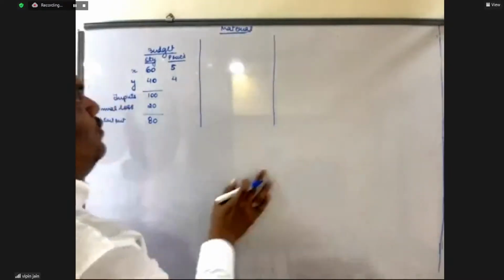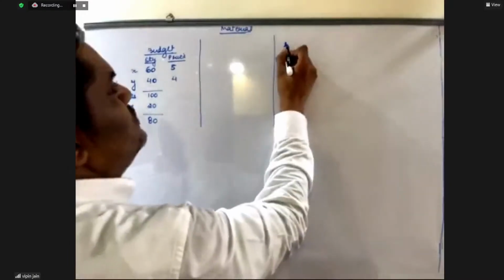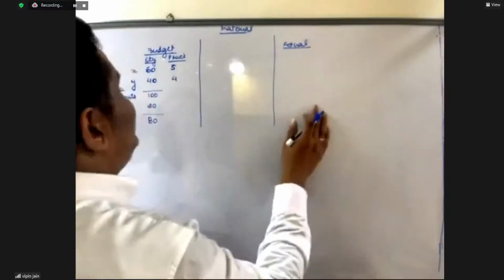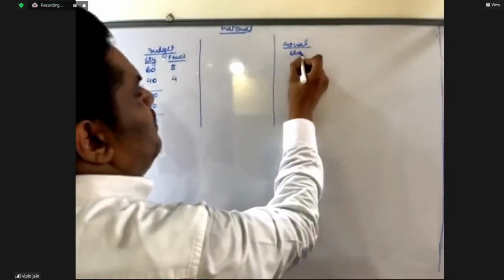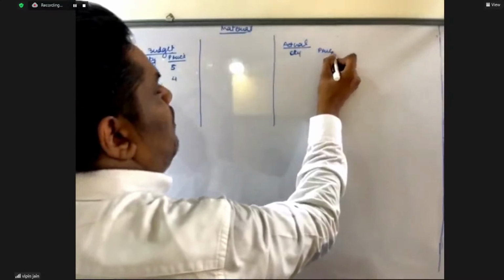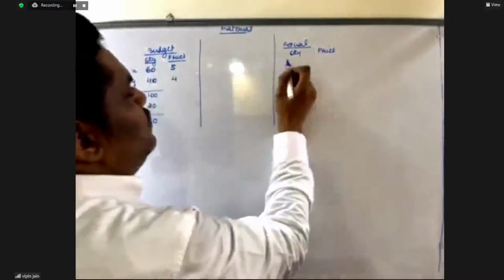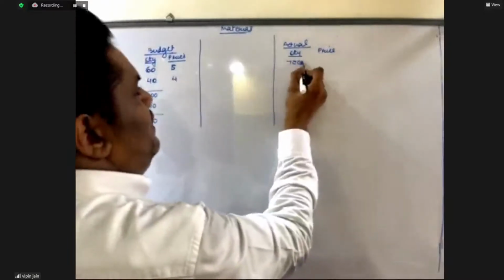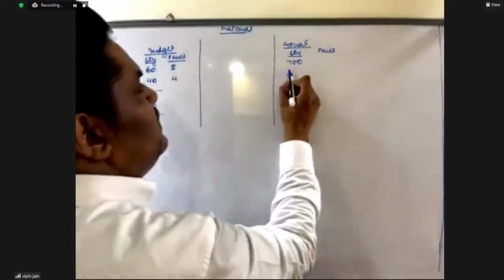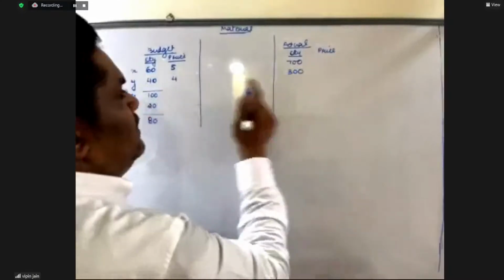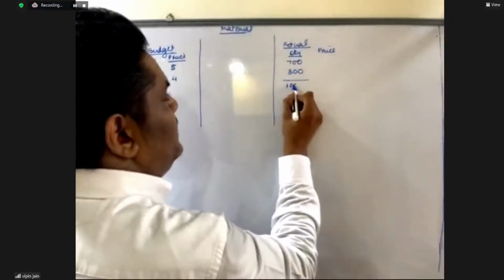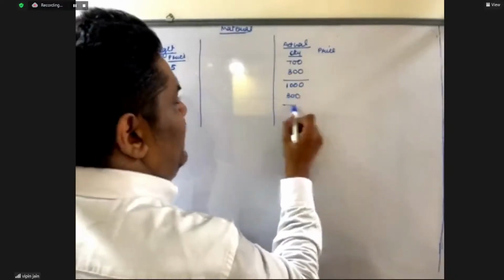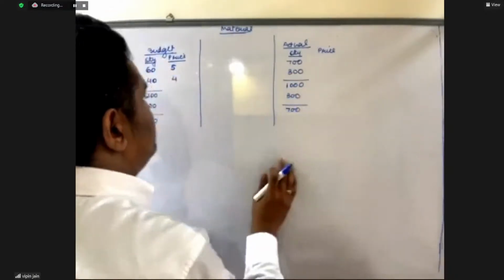Now, Darshan will check the actual results also. So when the actual data was ready, the actual raw material used of X was 700, of Y it was 300, the total input was 1000, there was a normal loss of 300 units and the output was 700.